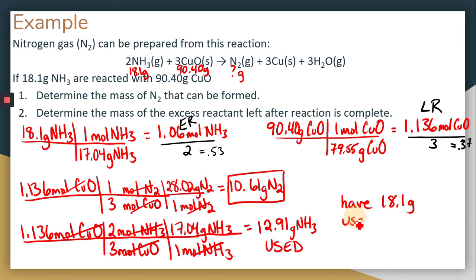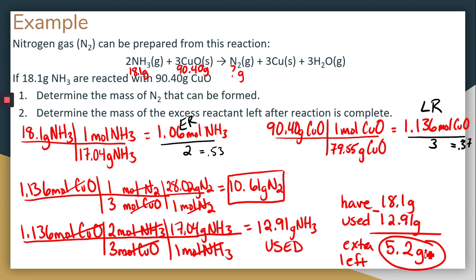We used 12.91 grams. So we're going to subtract, and that will tell us how much we have extra, how much was left over. So 18.1 minus our 12.91. When we subtract, we want to use the fewest decimal places, so we're going to round that to 5.2 grams. So there's my answer to part 2. 5.2 grams in excess.